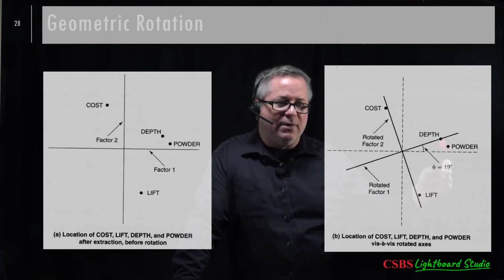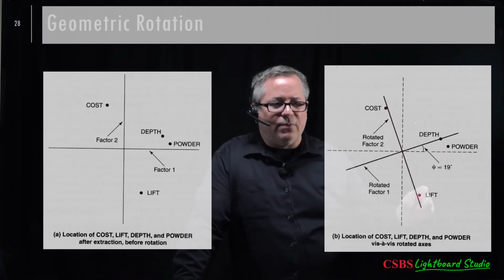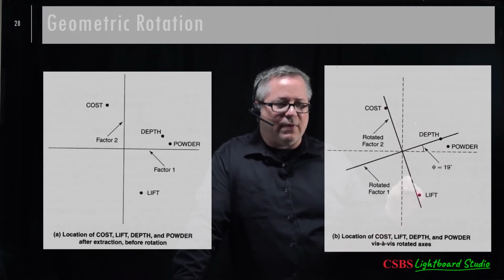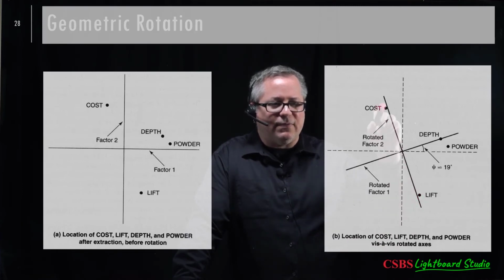The first factor is because depth and powder, if you think about skiing, actually relate to each other, right? If you have more snow, it's often more powdery. It's not packed in. So depth and powder is a snow factor, and cost and lift have to do with the facilities, like how fast the lift is, how much a lift ticket costs, or other things at the facility.